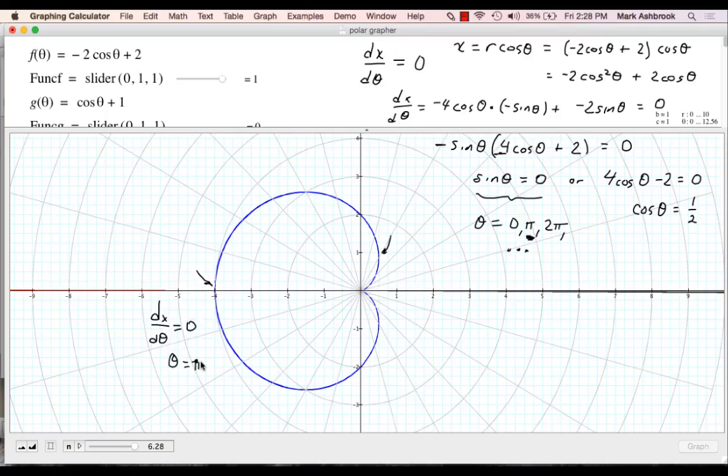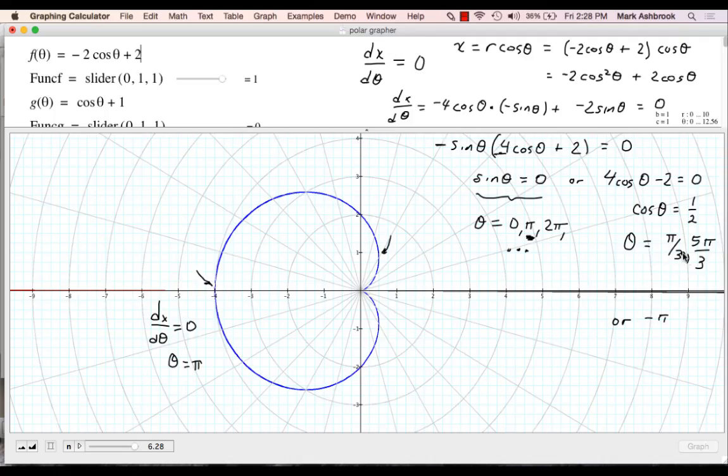Okay, so these are definitely not 0, 2 pi over here, so this must be what? Cosine theta equals 1/2, which just means theta equals pi over 3, in the fourth quadrant. Or anything plus 2 pi.